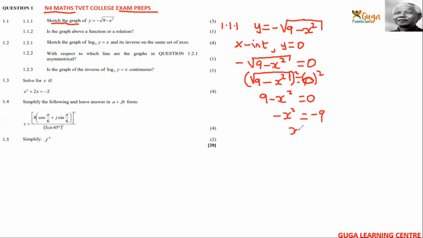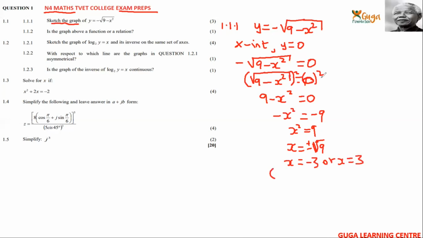So we're left with x squared is equals to 9. And then we root both sides now. So when we root both sides, you've got your x is equals to minus or plus root of 9, which is equals to x is equals to negative 3, or x is equals to 3, right?